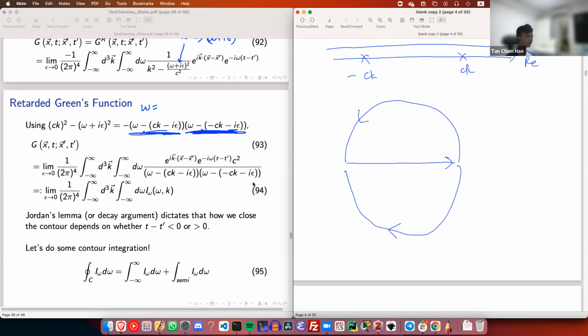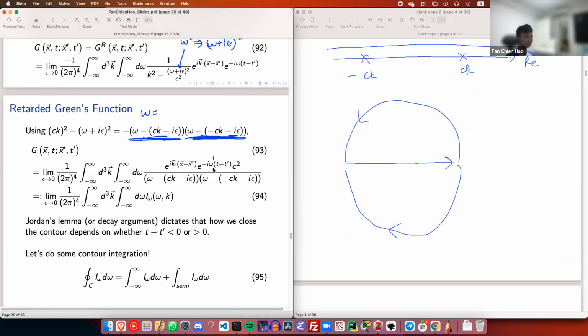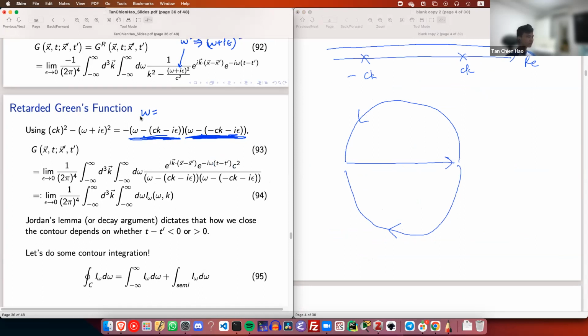So which one do we choose? It turns out it depends on the value of t minus t prime. Okay, so why do I want to close the integral in the first place?